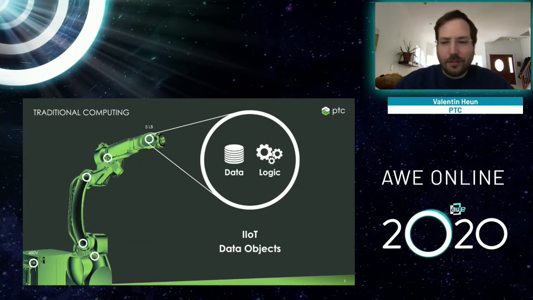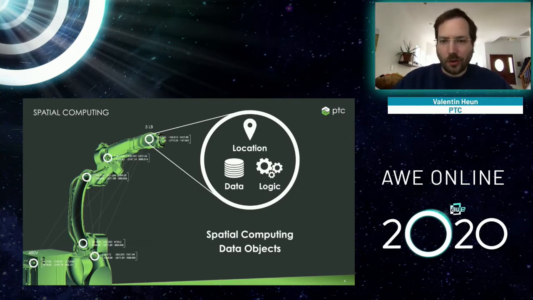And what spatial computing is at its core is adding the idea of location to every spatial computing data object. So wherever you gather data, you want to associate location to that data. And as such, for example, you know exactly not just how much weight such a robot here lifts, but you know exactly where it lifts that weight, and you know exactly where it consumes energy and so on.